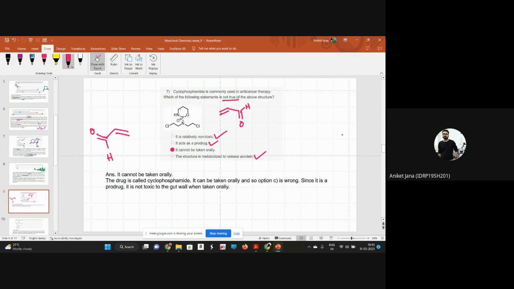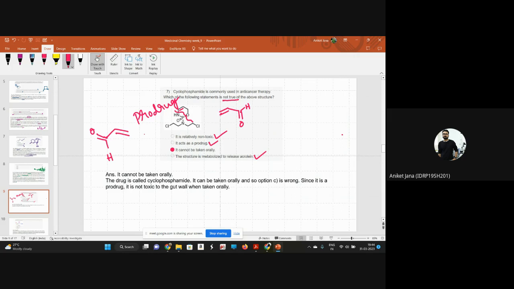Can you follow this? Here a double bond will be formed and the whole part is eliminated, and here a C double bond O will also be formed. So it is acting as the prodrug, right? So the statement which is not true is that it cannot be taken orally.